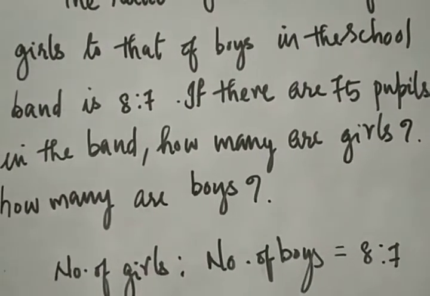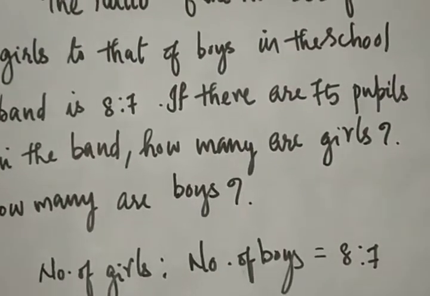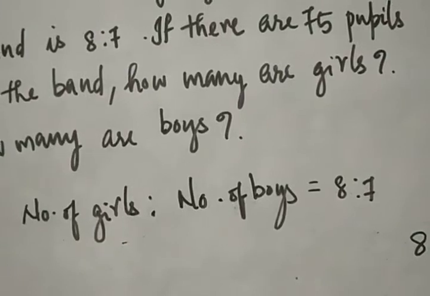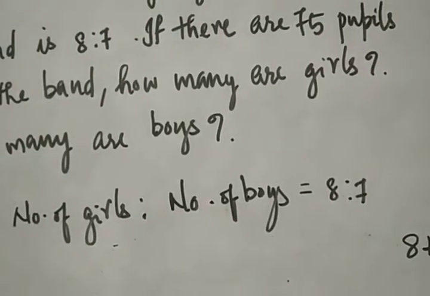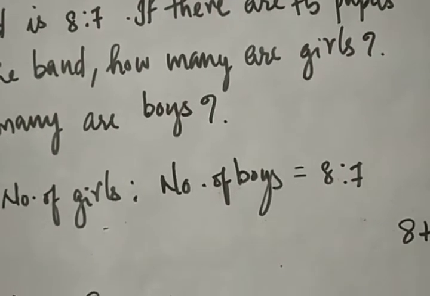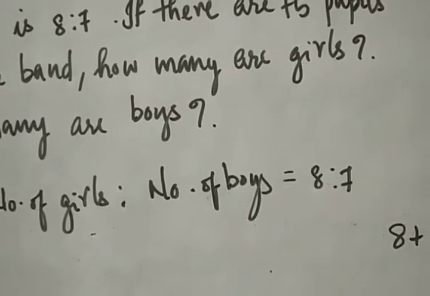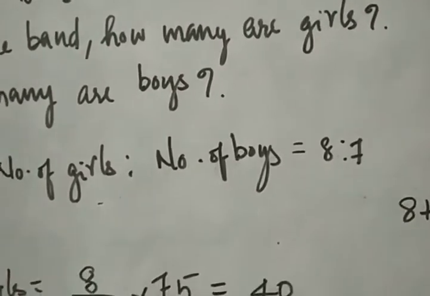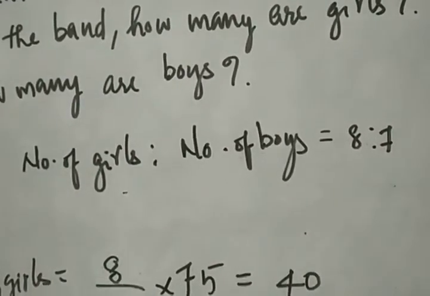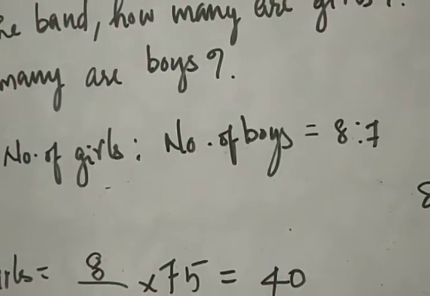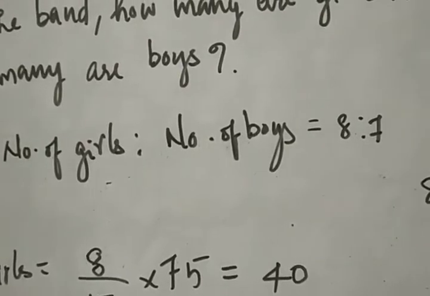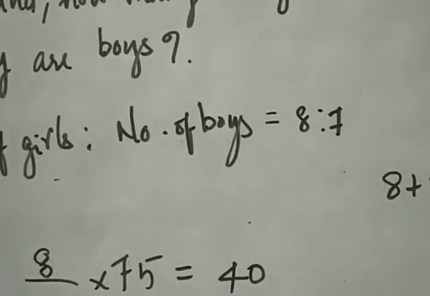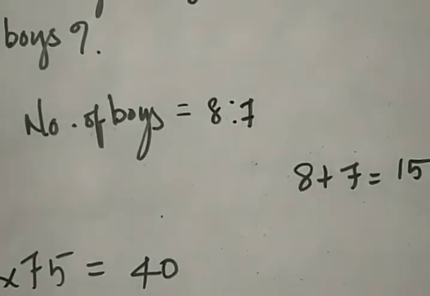Then how can we find out the number of girls from this ratio? So here the number representing the number of girls is 8, and the number representing the number of boys is 7. And we know that in a ratio the sum of its terms gives the total number. So 8 plus 7 is 15.